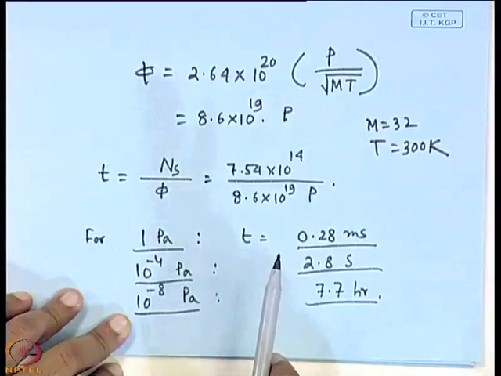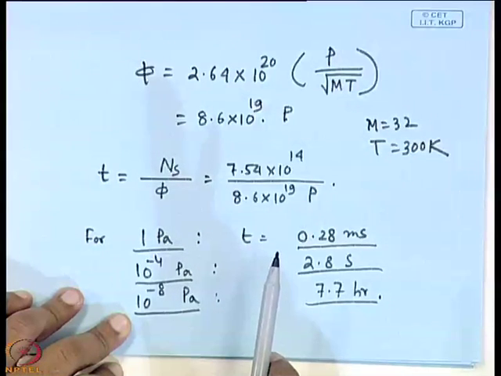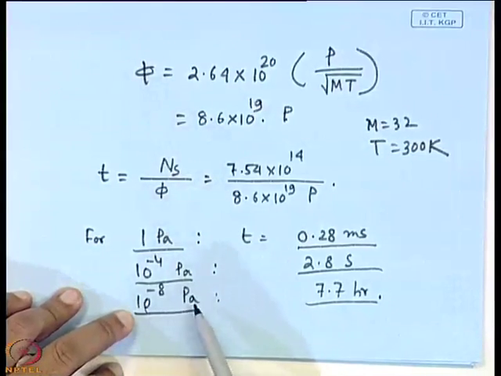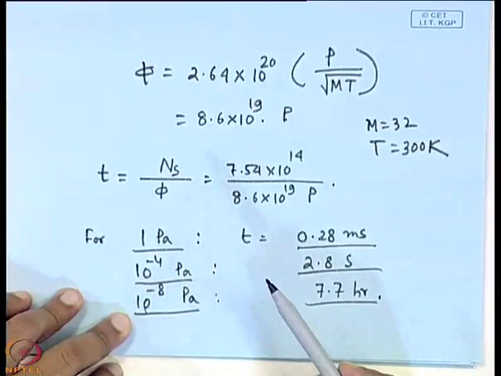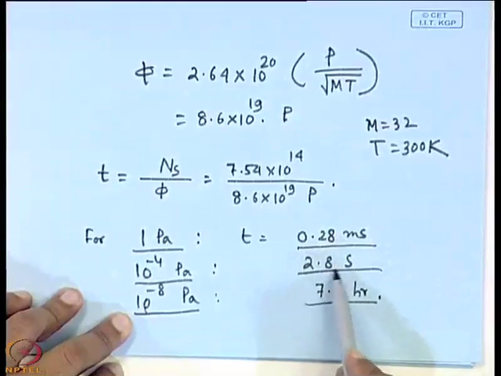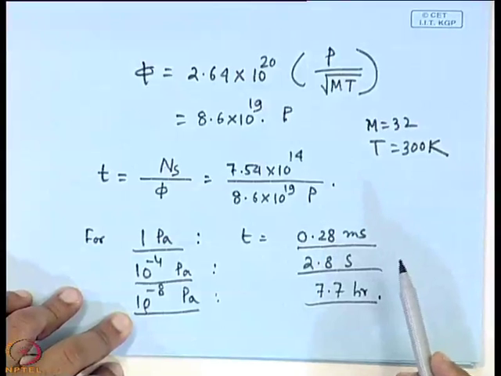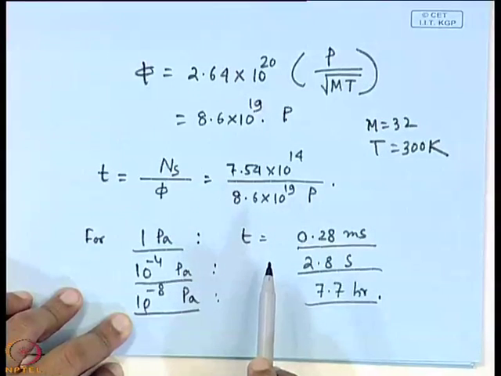But do not try to grow the epitaxial layer using 1 Pascal of pressure. In MBE, a minimum of 10 to the power minus 8 Pascal is required, because ultra high vacuum conditions must be achieved. Even though 0.28 millisecond or 2.8 second is required for that kind of growth, the growth will not be a good one, because you are not achieving the ultra high vacuum condition.